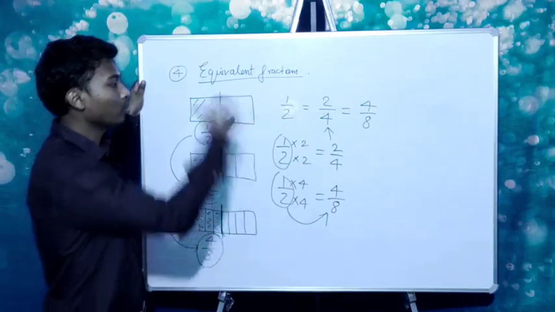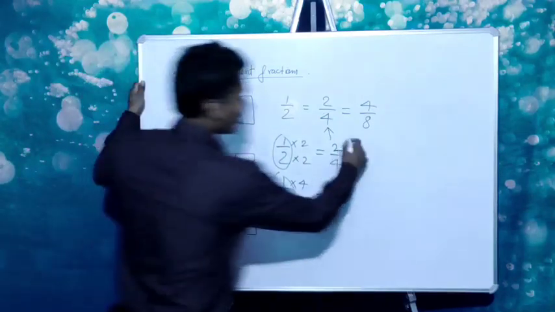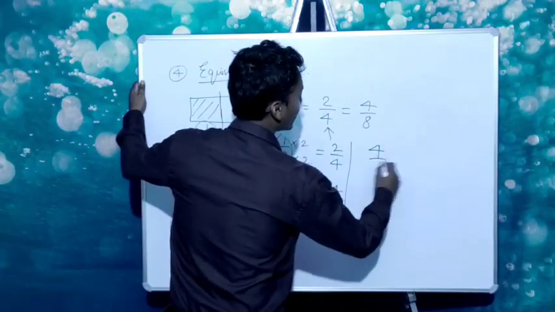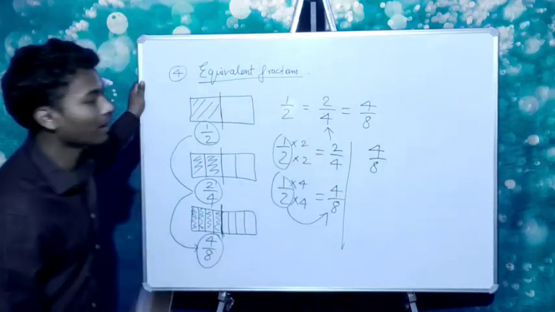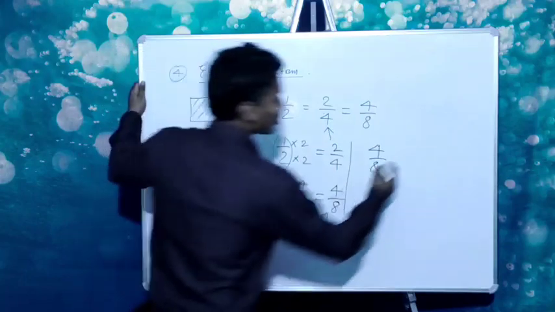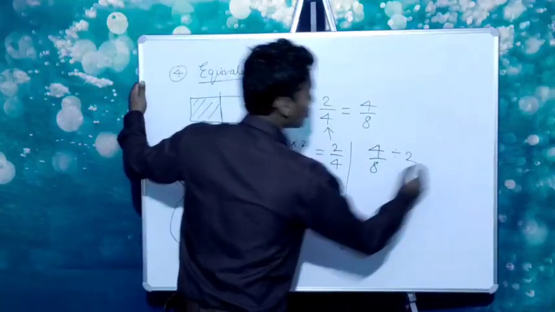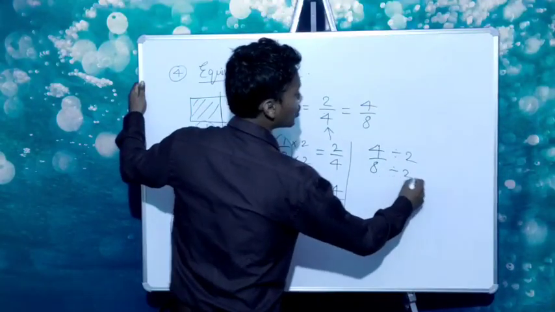Now we can even find equivalent fractions by dividing. So let's take 4/8. If I have to find an equivalent fraction of this by dividing, let's divide 4 by 2 and let's divide 8 also by 2.